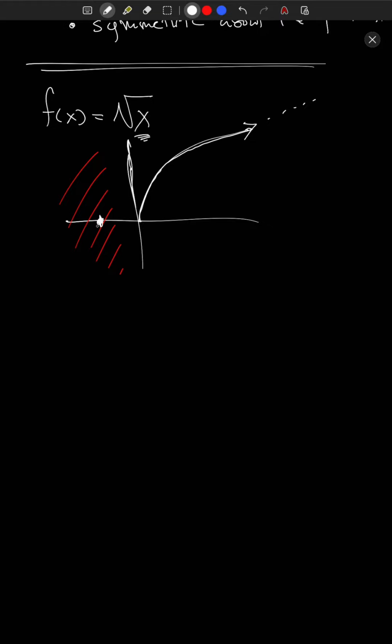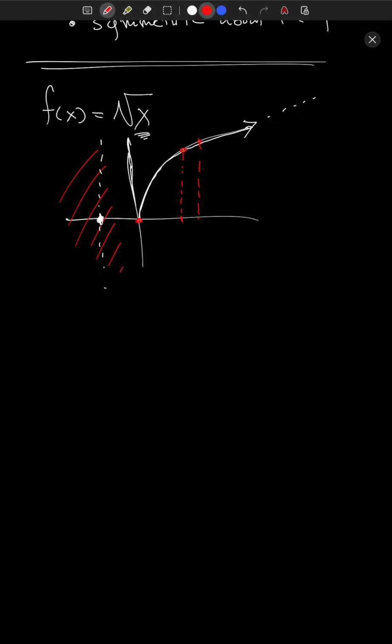So this input here corresponds to nothing. There is no output. And so there's no portion of the graph above or below this point right there. All right, so the only legal inputs for this function are everything from 0 and to the right. So the input of 4 is perfectly legal, the input of 5 is perfectly legal, but nothing to the left of the y-axis.